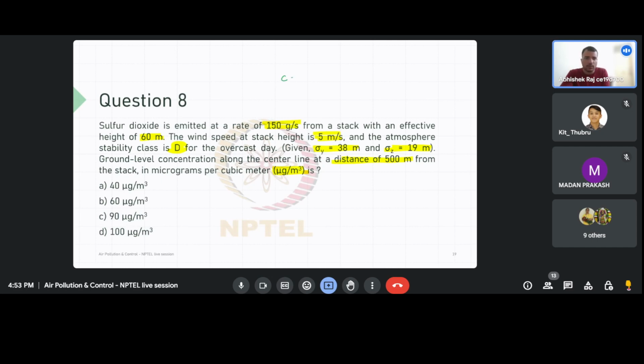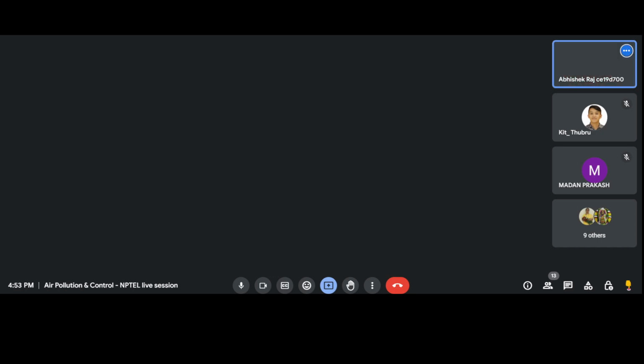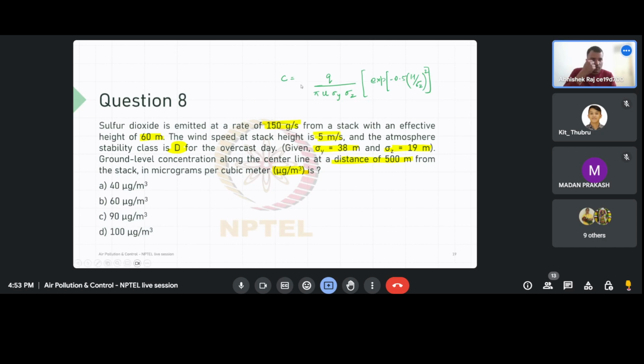So C will be equal to Q divided by pi U sigma y sigma z, taken as a product, with exponential minus 0.5 times (h by sigma z) whole square. Okay, so this is the equation for the concentration of pollutants. That's what we needed, concentration along the center line.